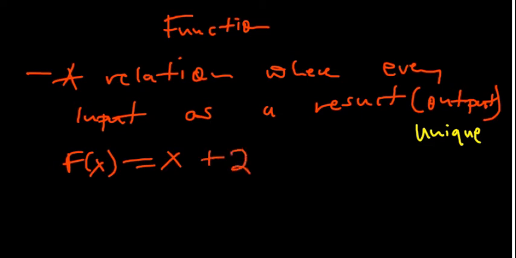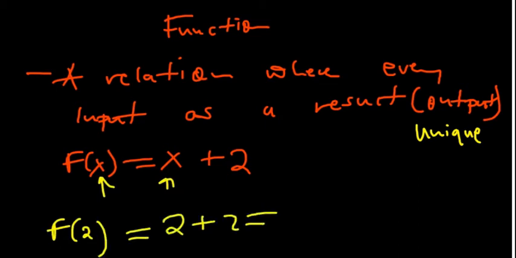If I'm trying to find the value of y, I should just plug in the value of x there. So f of 2 is equal to, where there's x, I put a 2, plus 2, giving me a 4. That's an example of a function. I don't expect to put the same value 2 in that function and get two different results, because then it's not a function. That's the basic idea there.